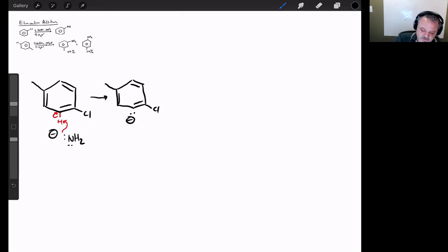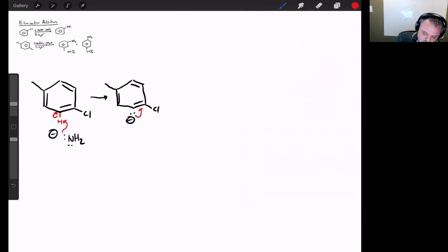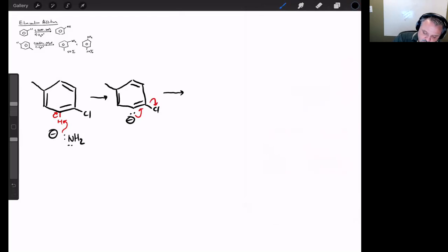So there's the formation of this anion, and here's the elimination bit. This is why this mechanism is, I think, of interest. It's because of this particular intermediate structure that's formed. This is a benzyne intermediate.